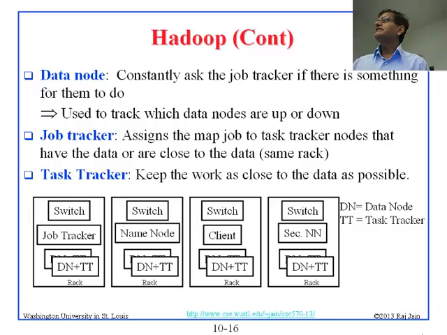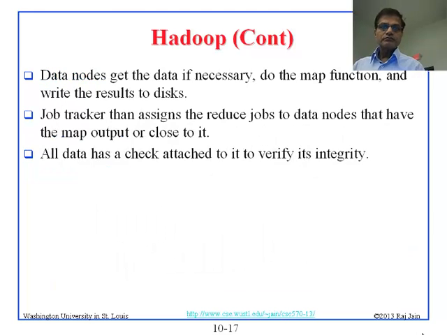So these three functions are clear. Doer, assigner, and basically computation doer, right? So basically the DN and TT, data node and task tracker, they go together. Now, data node gets the data if necessary, does the map function and writes the results to the disk.